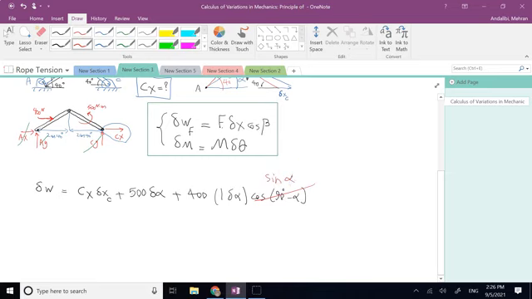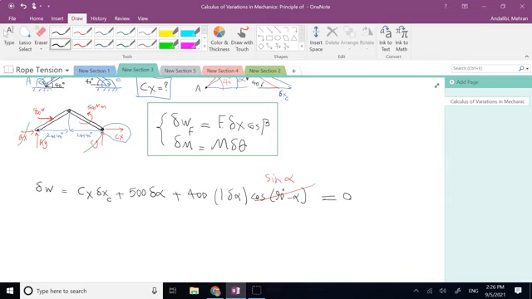And this total has to be equal to 0. So this is the work of 400, this is the work of the couple, this is the work of Cx, and Ax and Ay have no work in this displacement.